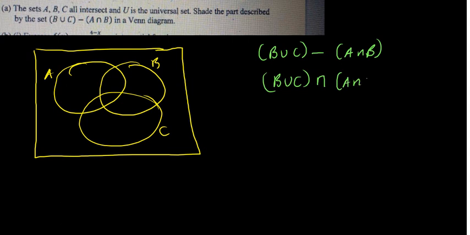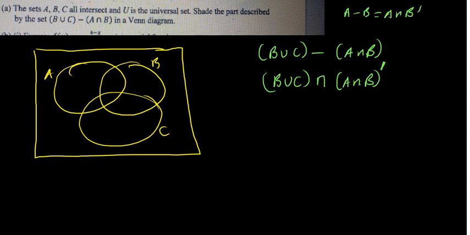So the first thing is we need to simplify what has been given, B union C minus A intersection B. So this also means B union C, and then I can change this minus into intersection, and then that will be intersection of the complement of A intersection B. It all comes from this: A minus B means A intersection B complement.